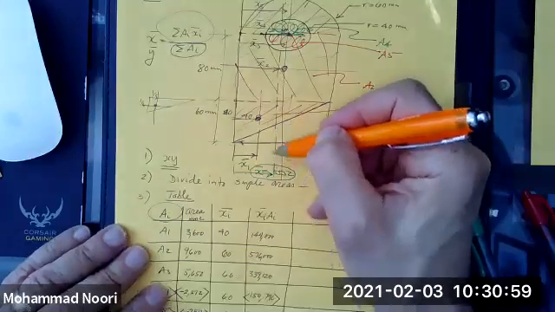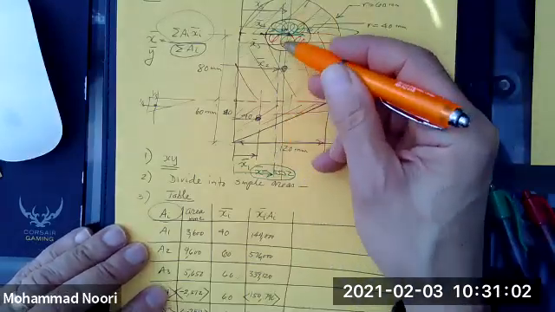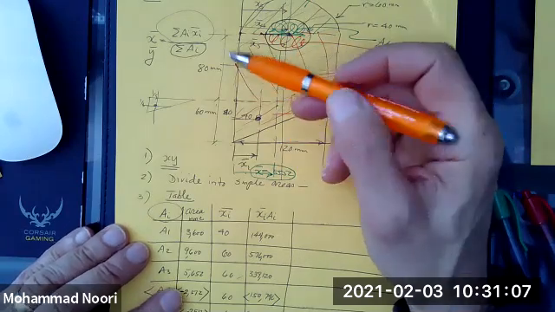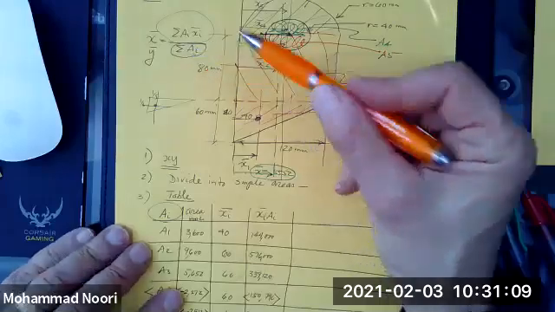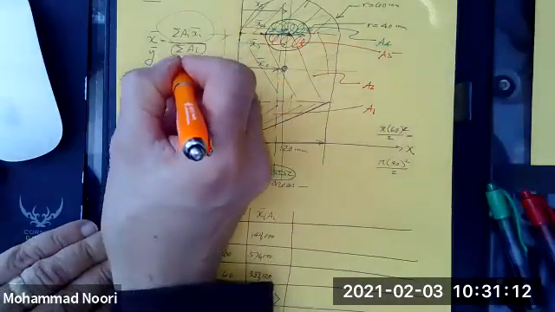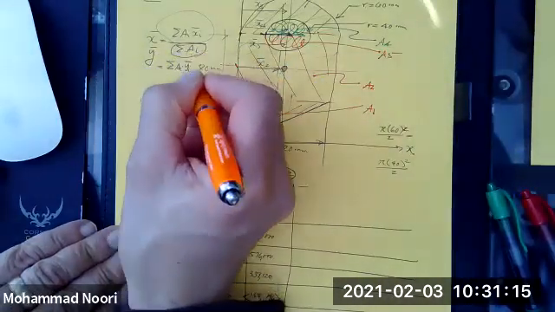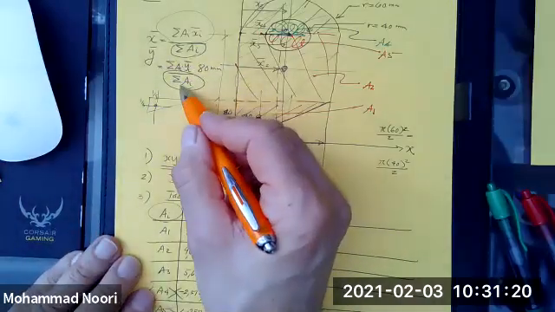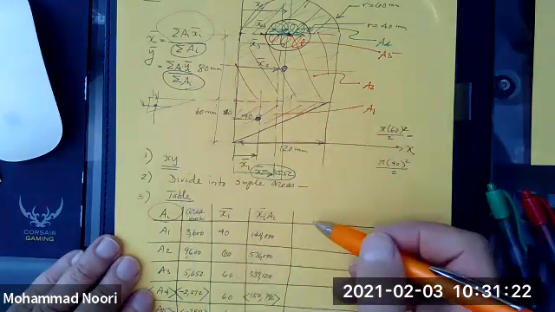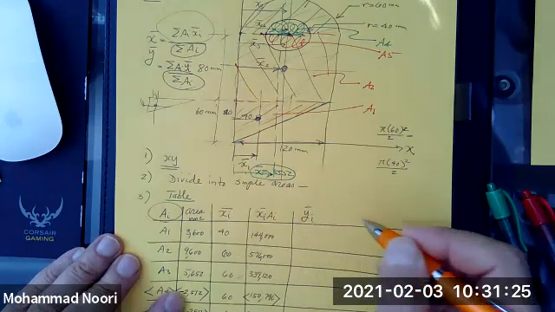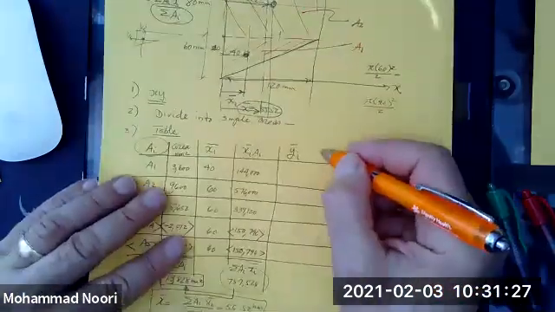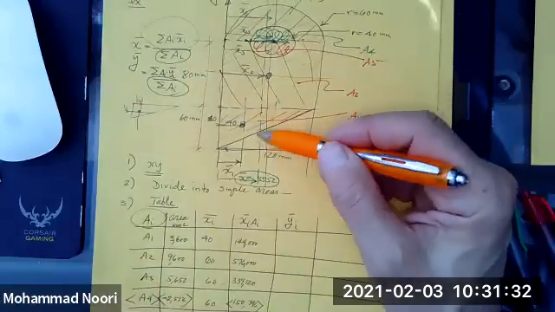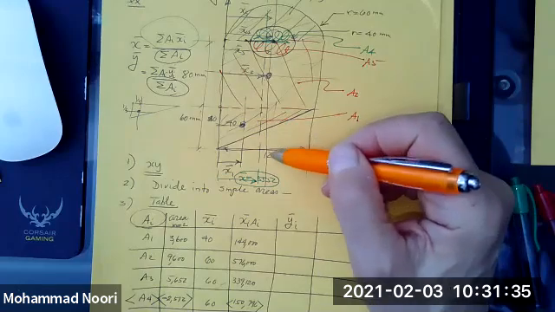How about Y bar? Y bar resides along this line at a distance from the x-axis that we need to find. How do I find that? Using this equation: sum of Ai Y bar i divided by summation of Ai. This you've already done, so you don't repeat that process. So what you do now is set up another column, which means you find the distance from the centroid of each shape to the x-axis.